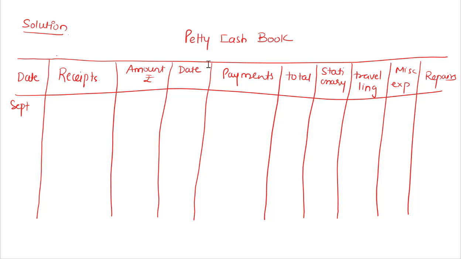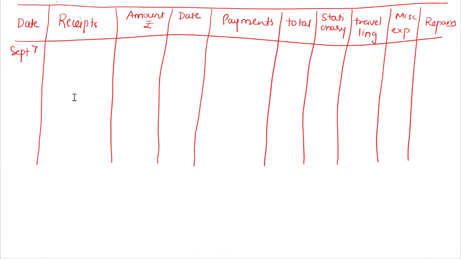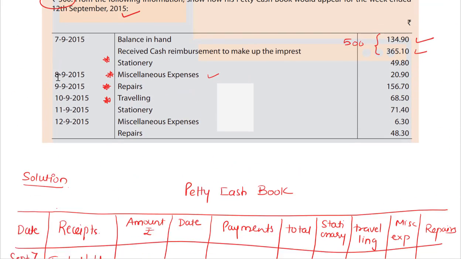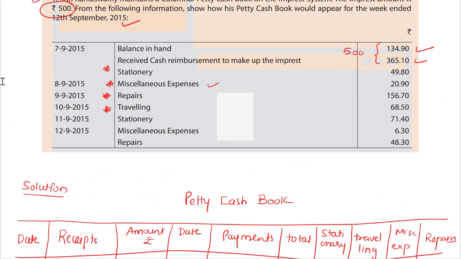In the month of September, the date was 7 September. To balance brought down. What was the balance? The balance was 134.90. Then he received cash reimbursement to make up the imprest.